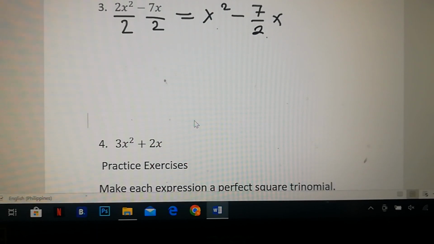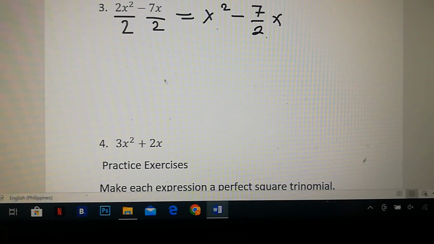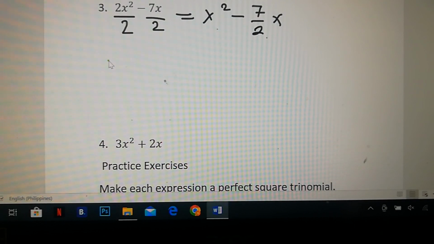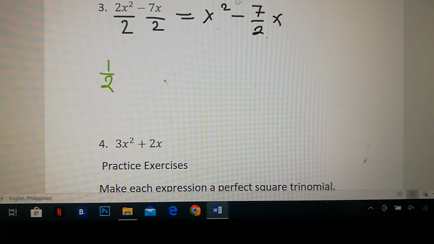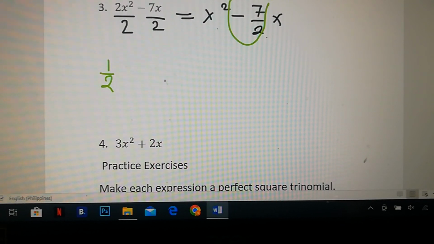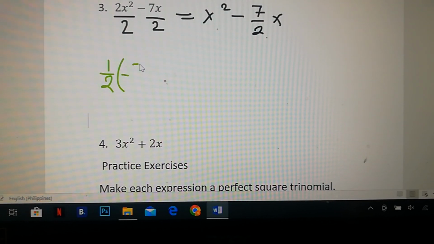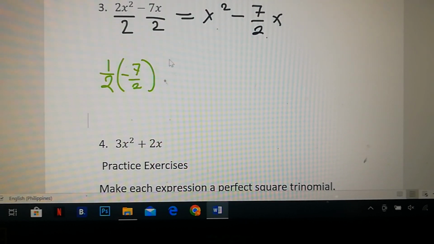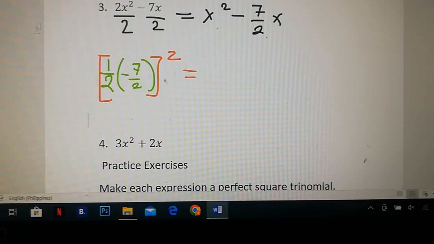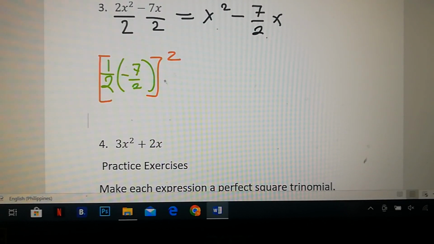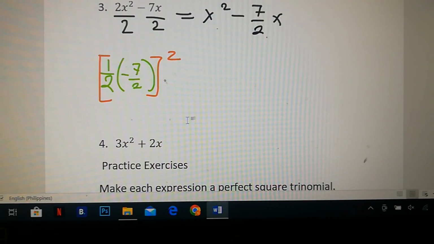Now what will be added to x squared minus 7 over 2 x? Again, we get 1/2 of the coefficient of your linear term, which is negative 7 over 2. 1/2 of negative 7 over 2 is negative 7 over 4.